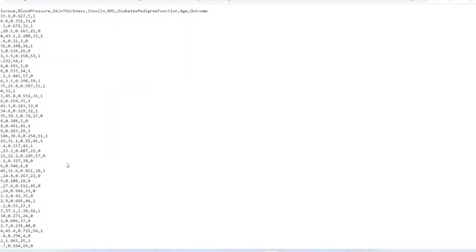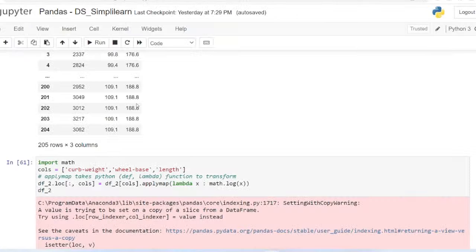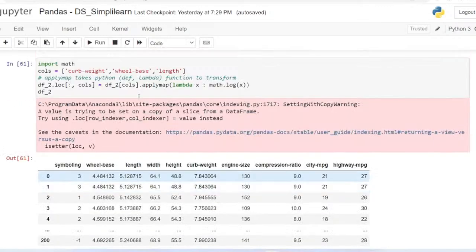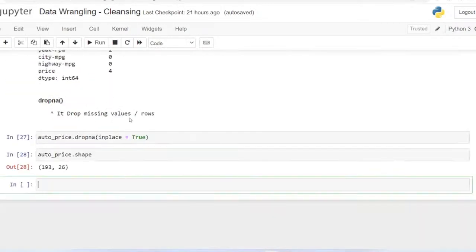Either you save this data. Hopefully you have taken the data set.